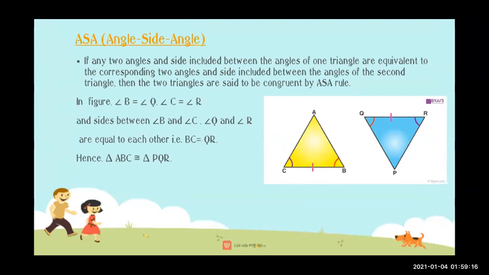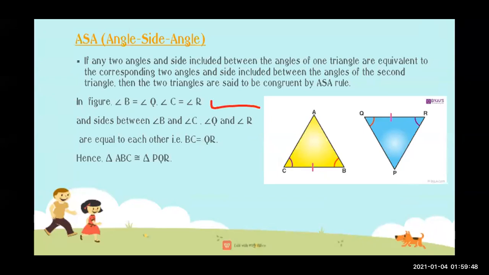You can see in the figure angle B corresponds to angle Q, angle C corresponds to angle R, and the side is between angle B and angle C. Angle Q and angle R are equal to each other, for BC and QR.